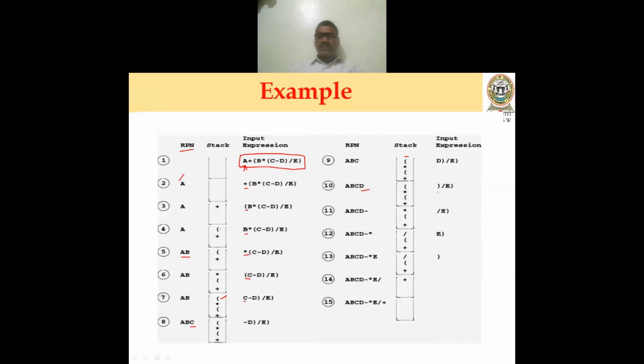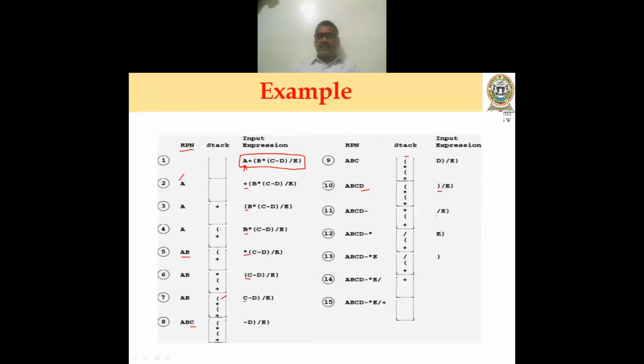Then we read the closing parenthesis. Once you read the closing parenthesis, you have to remove the topmost elements from the stack until you get the opening parenthesis. The opening parenthesis will not be displayed; we just ignore it. Then next we read the slash.